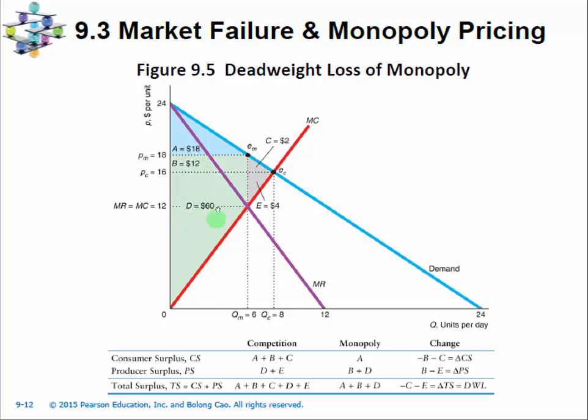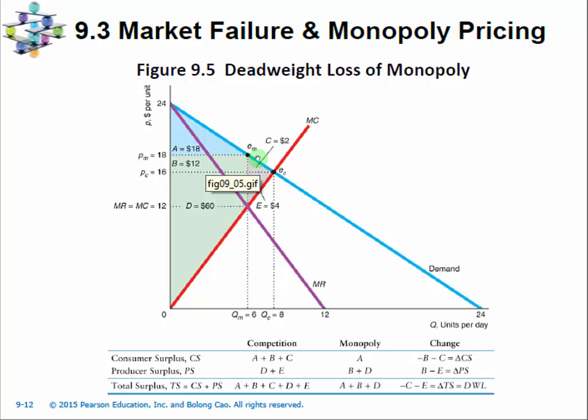And the producers still have the D area. However, consumers lost C in consumer surplus, and the producer lost E in producer surplus. So in the monopoly market, we have only A, B, D as the total surplus, and the C and E are the deadweight loss.